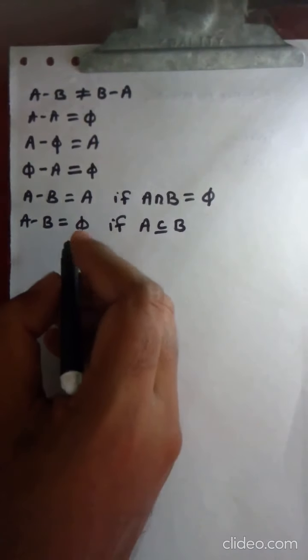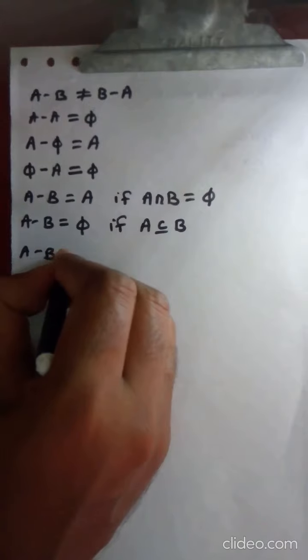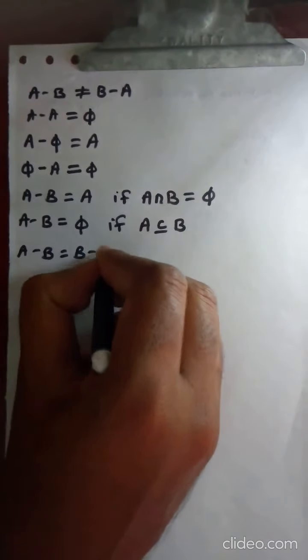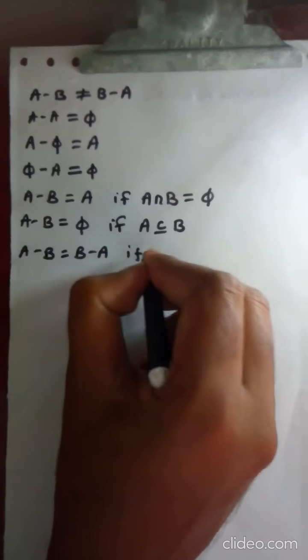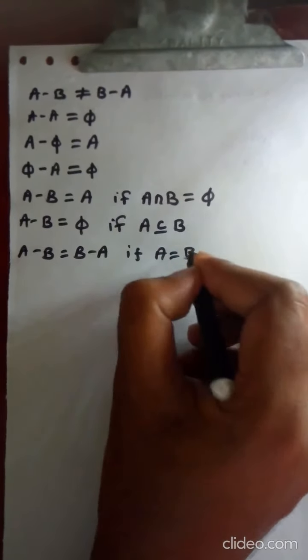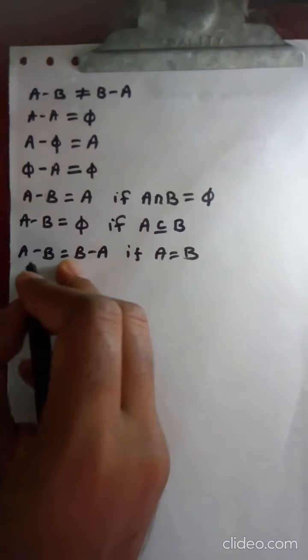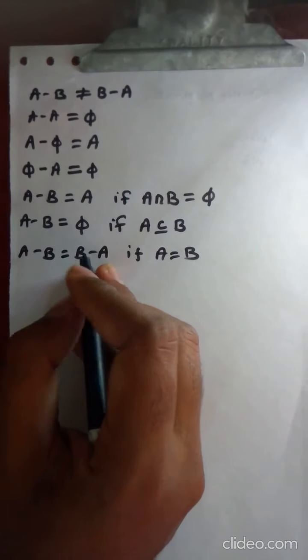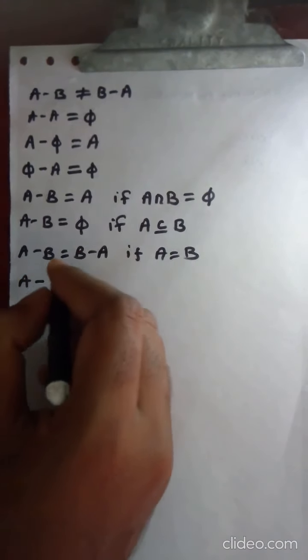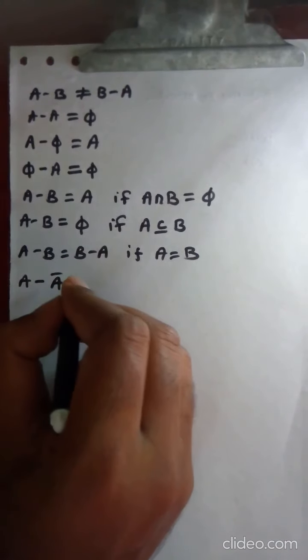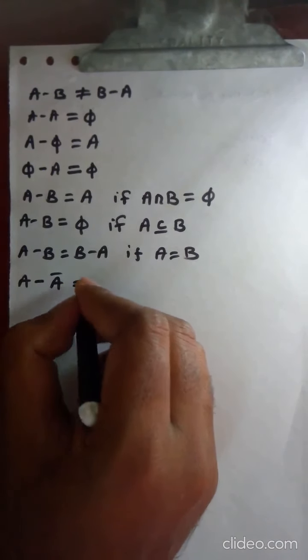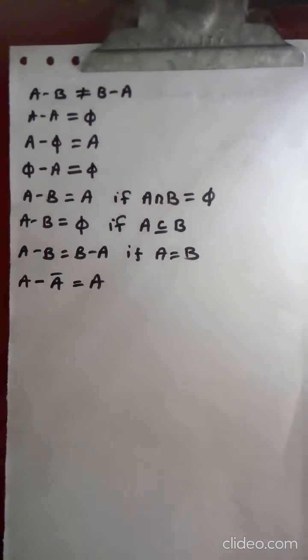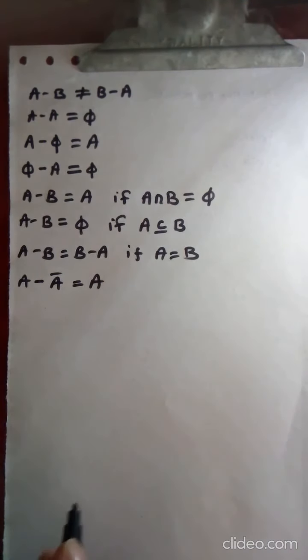And the next one: A minus B is equal to B minus A. When does this happen? If A is equal to B, then A minus B is equal to B minus A. And the last one: the difference with the complement, then its output is A. So these are the properties related to the difference of sets.